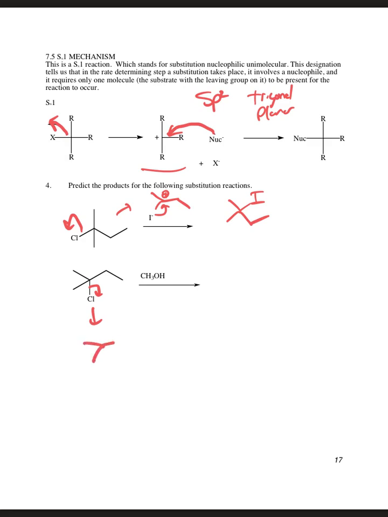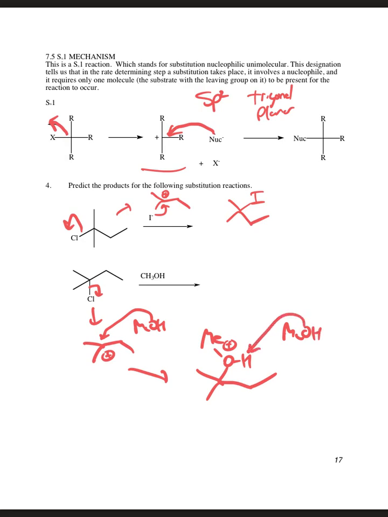We form the cation, and then the methanol adds to that cation to form the protonated ether. And then another equivalent of methanol comes in to grab the extra hydrogen to give us our methyl ether.